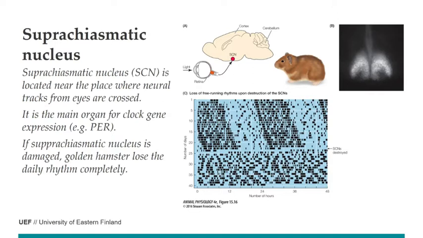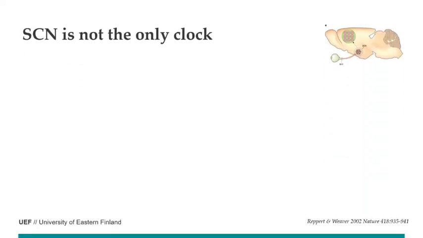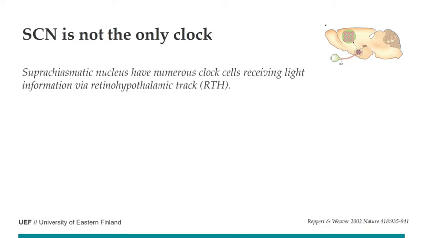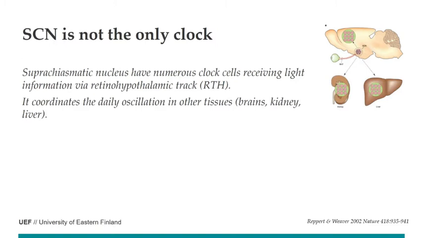daily rhythm. But the suprachiasmatic nucleus is not the only clock. There are several clock cells that are receiving the light information from the eyes with the retinohypothalamic tract. So it's a little bit different tract than the one going to our cerebral cortex, but it coordinates the daily oscillation of other tissues.